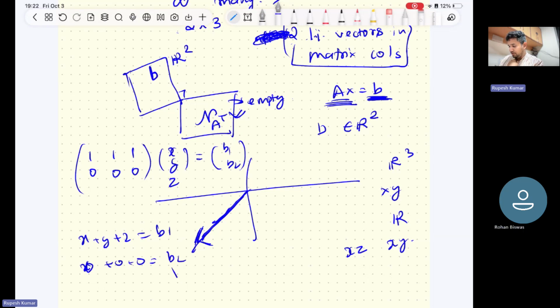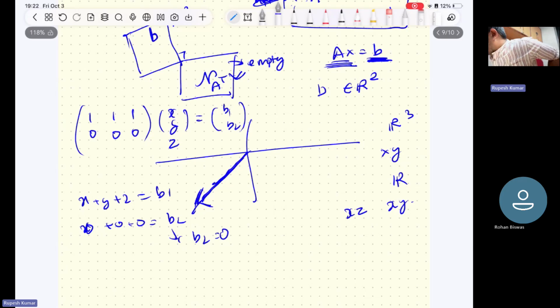This gives you the constraint that B2 has to be 0, right? So you are asking, can we have a vector that is not in the left null space as well as not in the range space or column space? Since they are orthogonal, can we have vectors in between these two?